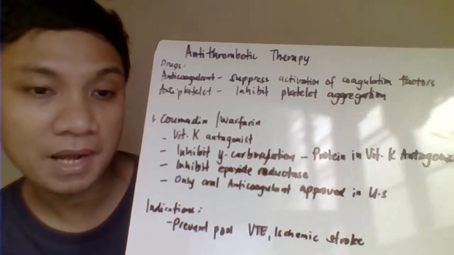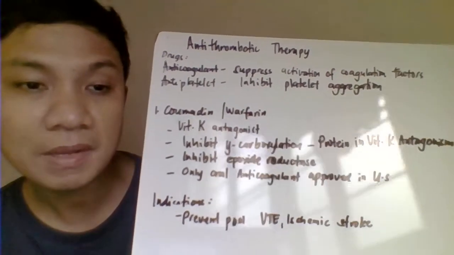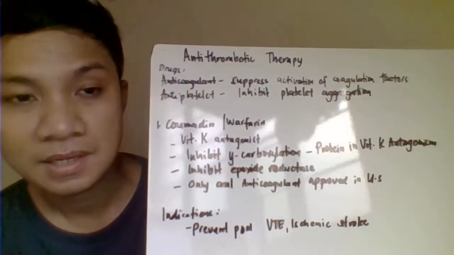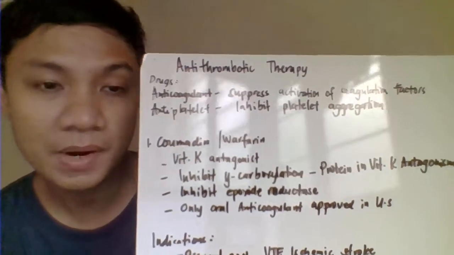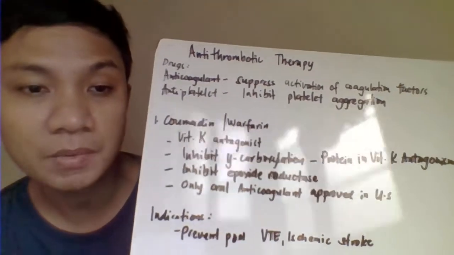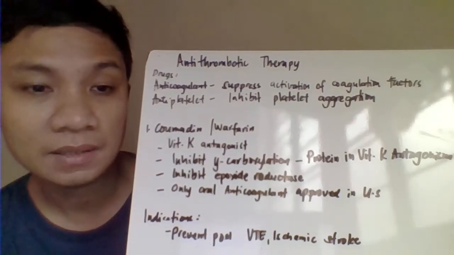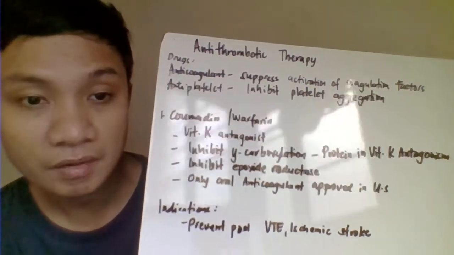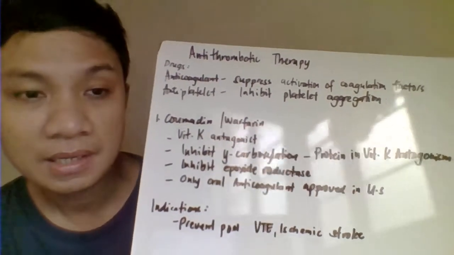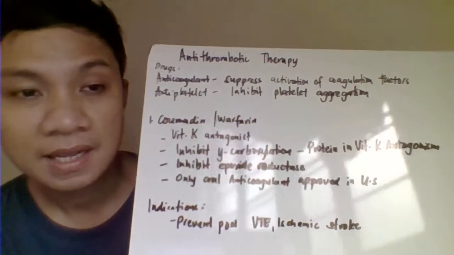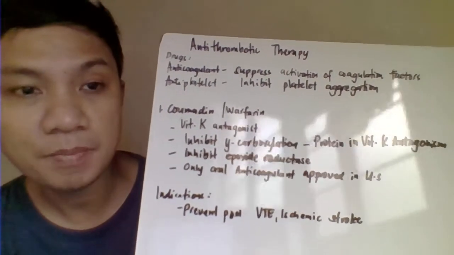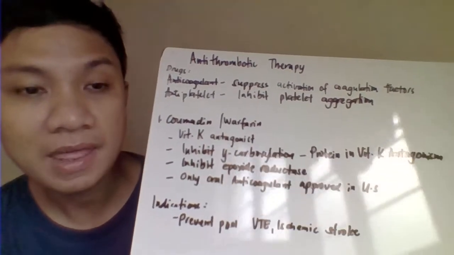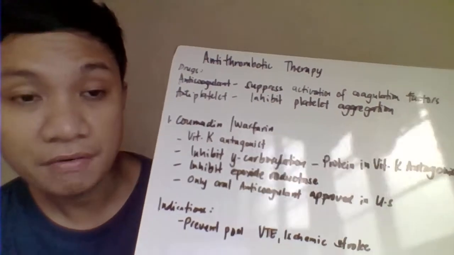For them to become activated, they should undergo the gamma carboxylation process, whereby a second carboxyl group is added that will render them negatively charged, allowing them to bind to calcium.